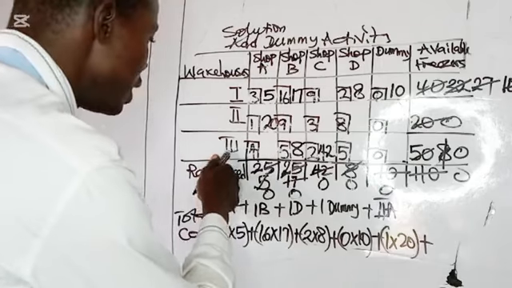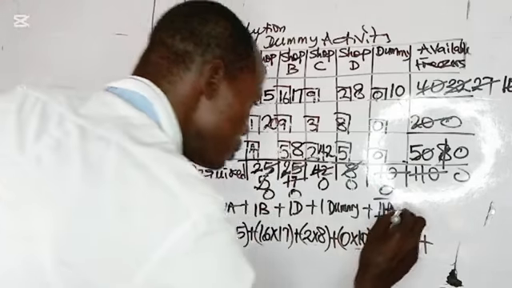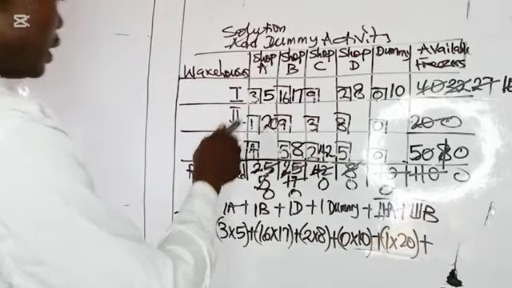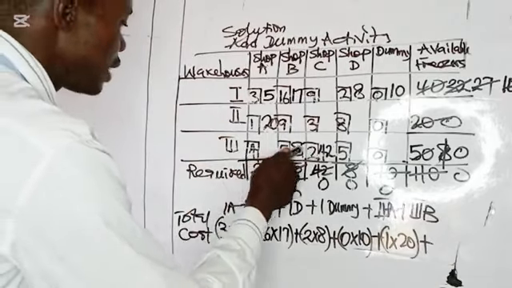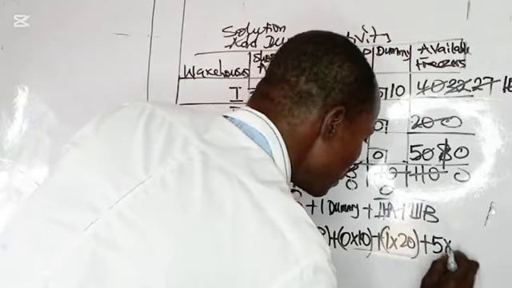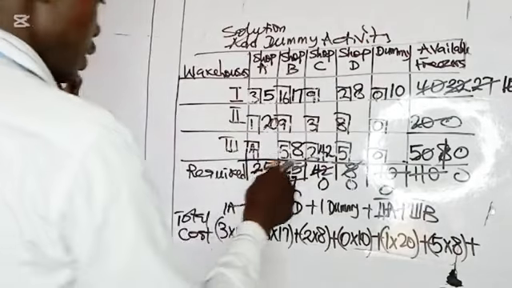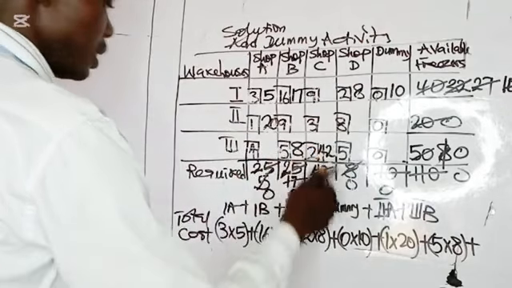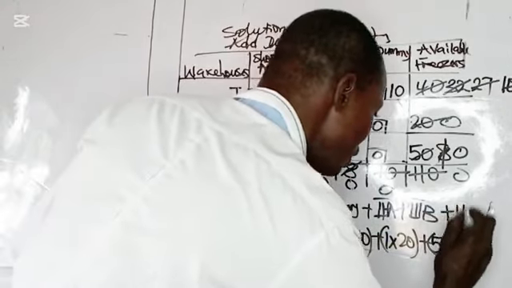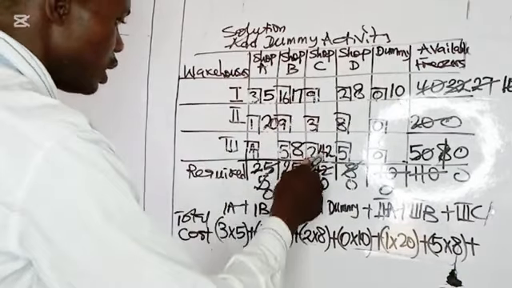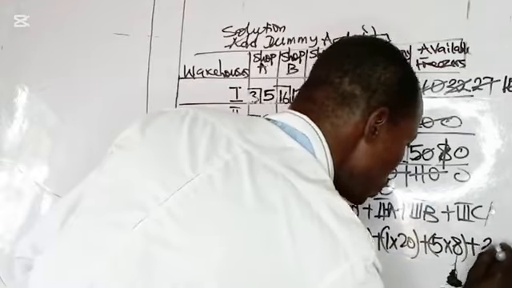Then we have 3B, and 3B is 5 times 8, plus we also have 3C, which is 2 times 42.